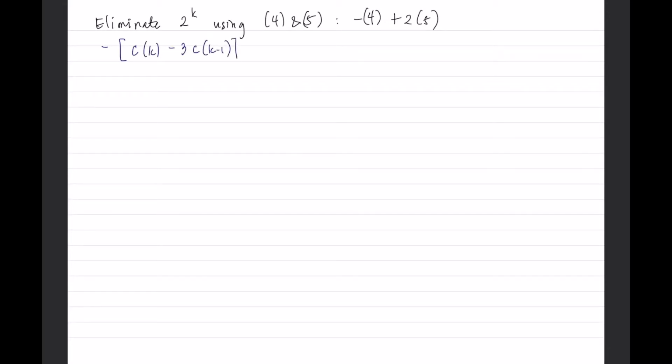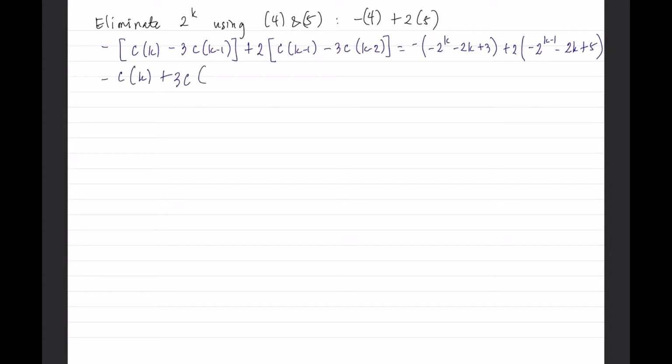Negative times the quantity c of k minus 3 c of k minus 1 plus 2 times the quantity c of k minus 1 minus 3 times c of k minus 2 is equal to negative times the quantity negative 2 raised to k minus 2k plus 3 plus 2 times the quantity negative 2 raised to k minus 2 raised to k plus 5.